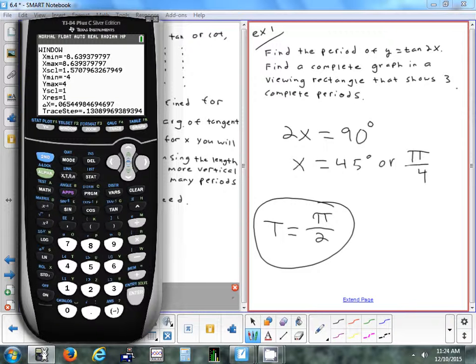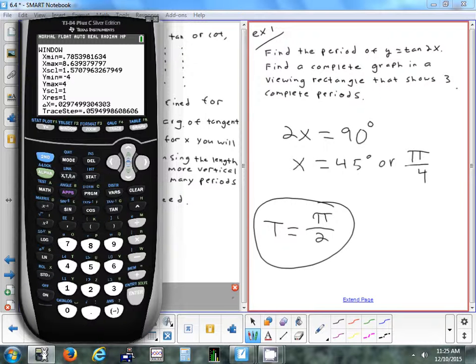Well, if we set it at 0, that's probably going to end up in the middle of the tangent graph. You just said the asymptote is pi over 4, and you're going to have another asymptote at negative pi over 4, so 0 is right in the middle. I would do pi over 4, or you could do negative pi over 4. Either one should work. So that's an asymptote.